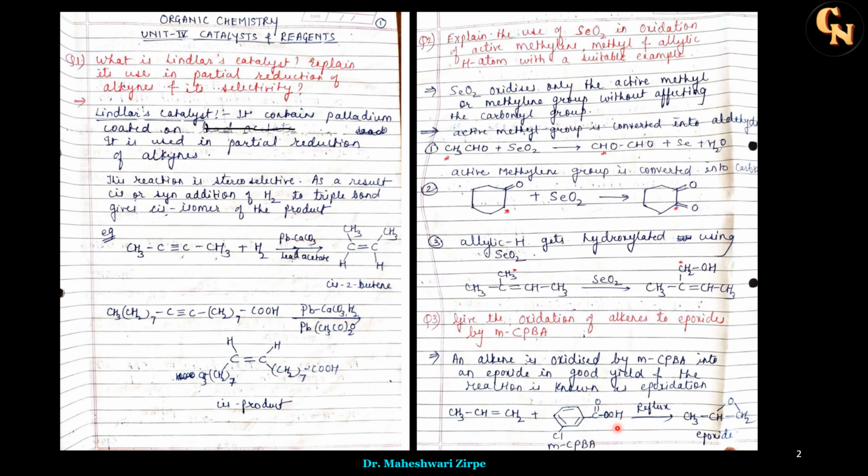You will find that one oxygen is extra in the carboxylic group, COOH. So it is a peracid.